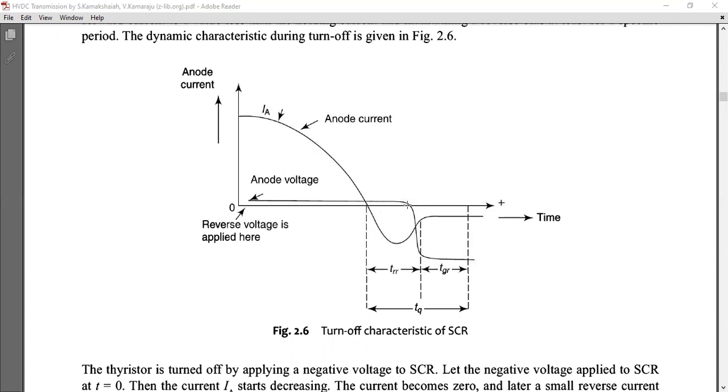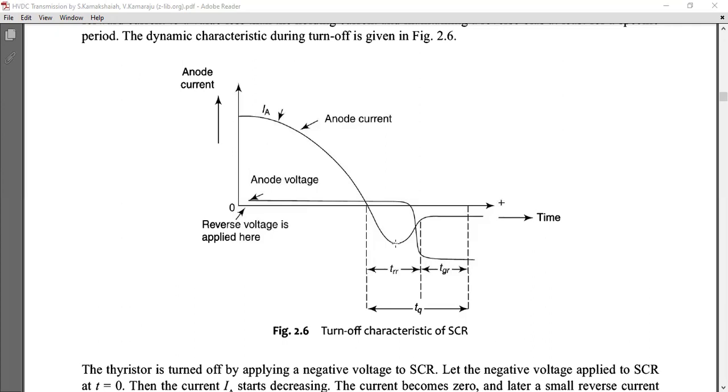Up to this is the recovery time, and the thyristor acts as a short circuit and the current keeps reversing until it reaches the peak value here. Beyond this point, the thyristor develops reverse blocking capability, and this is called TRR, the reverse recovery time.